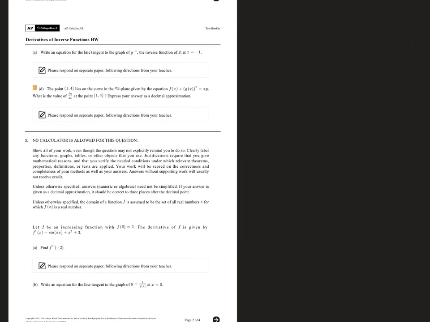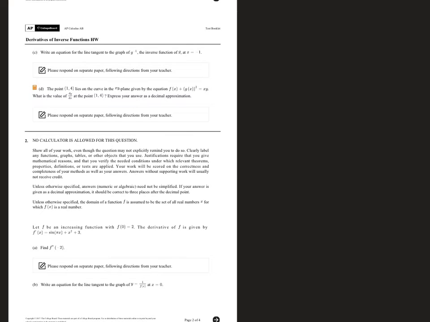Write an equation for the line tangent to the graph of g inverse, the inverse function of g, at x equals 1. So today in class we looked at derivatives of the inverse. And the derivative of the inverse we can do two ways. If they give me an equation for the original, I can simply swap the x's and the y's and take the derivative using implicit differentiation.